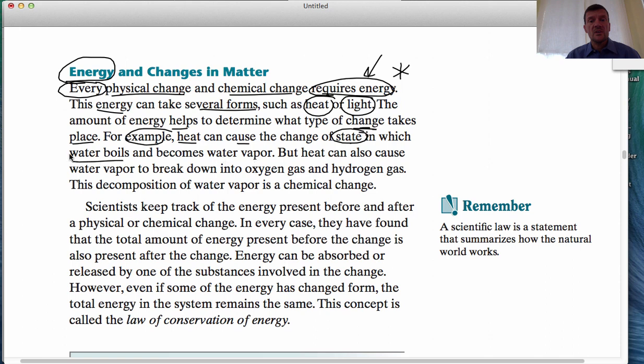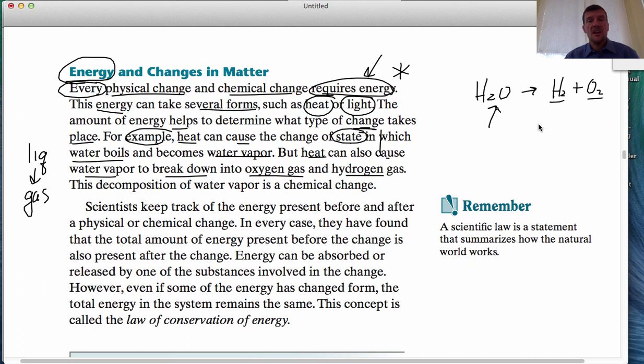Water can boil and go from a liquid and become water vapor, goes to a gas. But heat can also cause water vapor to break down into oxygen gas and hydrogen gas. So you can even add more heat, maybe in the form of an electrical current, and you can take that H2O and you can transform it into hydrogen gas and oxygen gas. So you can have an electrical current flow through water, it's called electrolysis, and you can cause that water then to even break apart and cause new products that are going to have new properties.